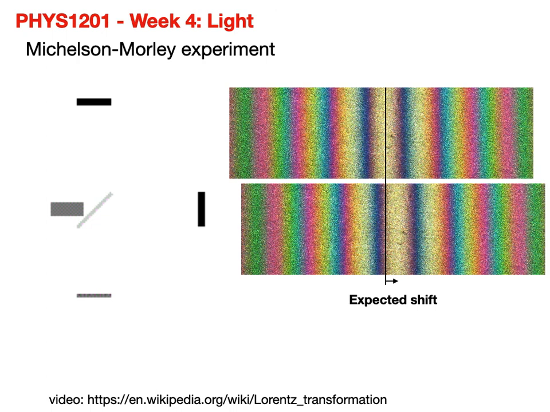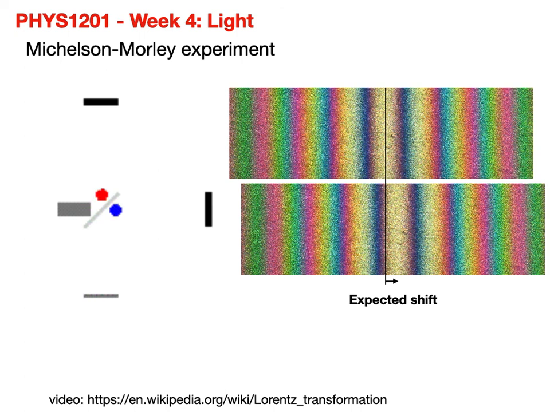The idea was then to repeat this experiment at several times during the year, because the Earth rotates around the Sun, which implies that it's moving at a different speed through the ether, if we assume that the ether is around us and it's not moving with the Earth. So you would expect to see a different shift as a function of the season when you do the experiment.